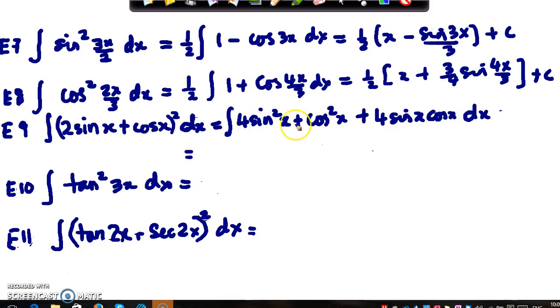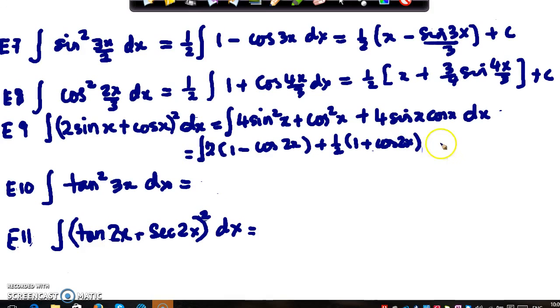So let's change this. This one becomes half, becomes 2 times 1 minus cos 2x. And this one becomes half 1 plus cos 2x. And the last one is just 2 sine 2x dx.